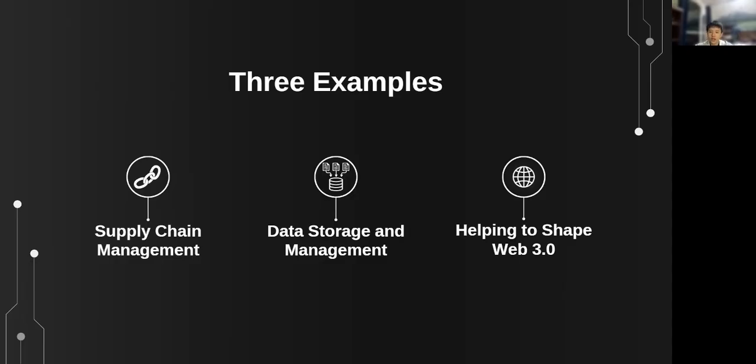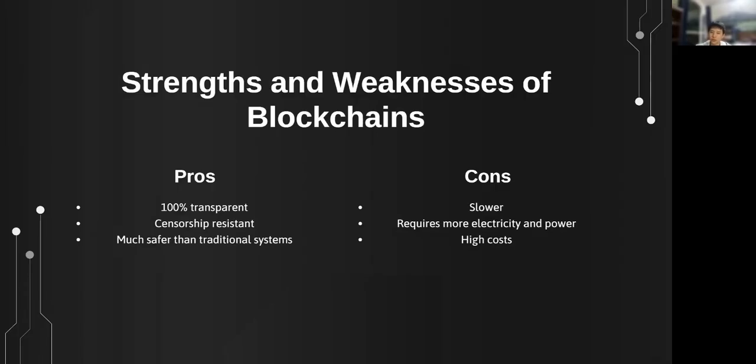But blockchains can show all this information while still being secure. Obviously that comes with some pros and cons, which we're going to discuss right now. First, the good things about blockchains: they're 100% transparent, censorship resistant, and much safer than traditional systems in that they're less likely to be tampered with.